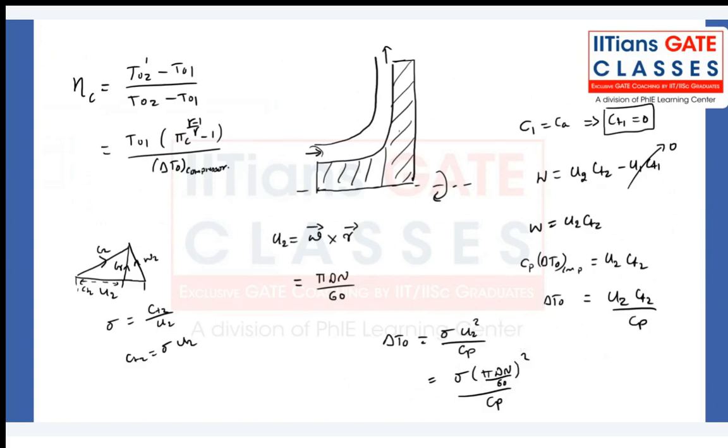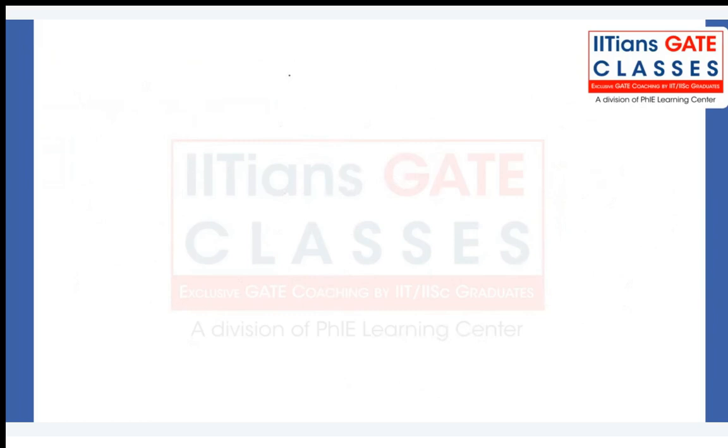If you put this back into the efficiency formula, eta C is T naught 1 times pi c to the power of gamma minus 1 by gamma, minus 1, divided by delta T naught. So you keep all the values you got, and you should be able to get efficiency equal to 0.7494.